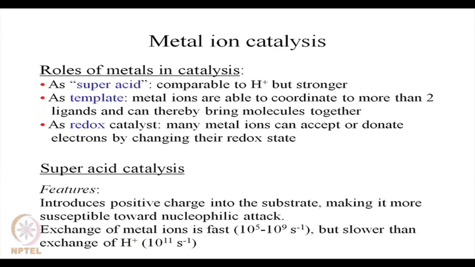But the exchange rate of metal ions is not that bad: it is 10 to the power 5 to 10 to the power 9 per second, depending on the environment and the metal ion concerned. Although it is a little slower, maybe 10 to the power 9 is 100 times slower, still, since hydrogen plus is lightest, it always has the option to exchange very fast.